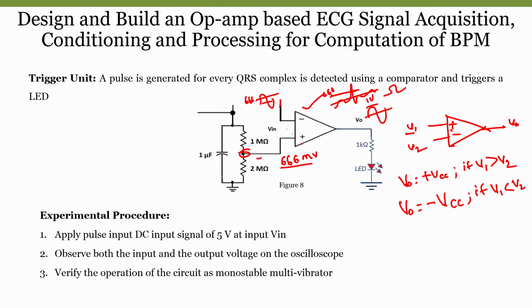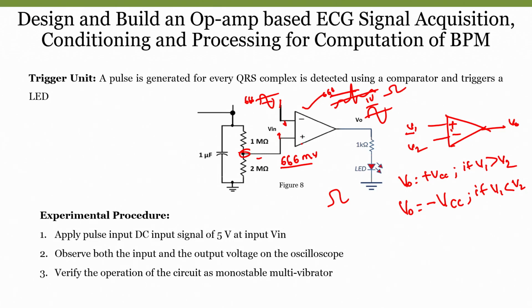Now, this is positive. In order for V naught to become plus VCC, it happens only if the input is lower than the threshold in this case. Suppose the input is 0.5 volts, V1. We are taking V1 as positive, so V1 will be higher and this value will be lower. As a result, V out will be plus VCC. That is the reason.